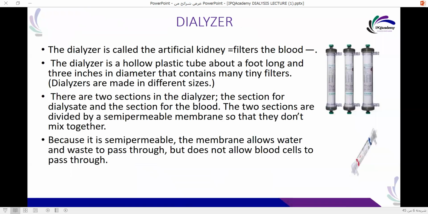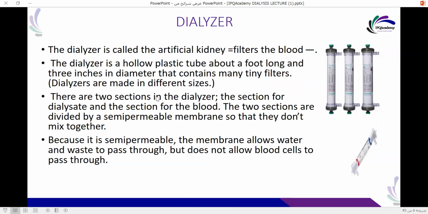So, what about the dialyzer? As you see here, the dialyzer is called the artificial kidney. This dialyzer filters the blood. What is this dialyzer composed of? It's like a hollow plastic tube about a foot long, around 30 or more centimeters in length and 3 inches in diameter, containing many tiny filters.